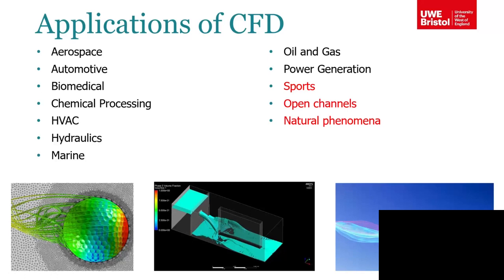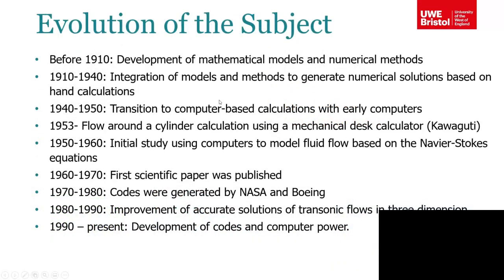In sports, what is happening to a golf ball or a cricket ball, you can do a simulation on that. Then you can have open channel flows or natural phenomena as well. So these are examples.